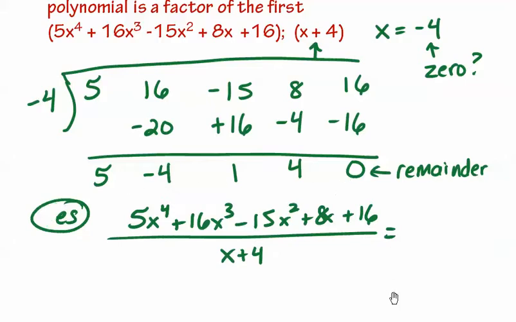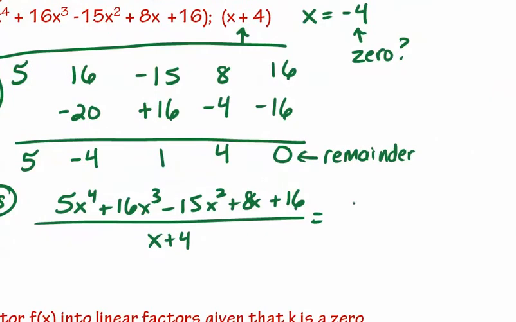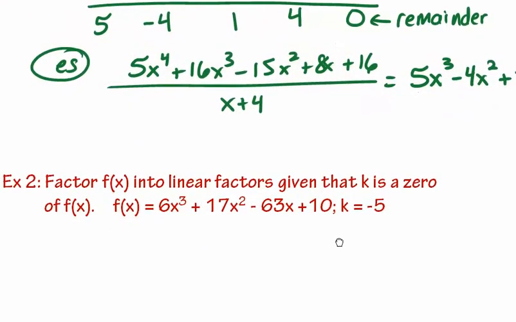So what we've found out is that when we divide, we ended up with 5x to the third minus 4x squared plus x plus 4. And we also learned that another way of writing this would be to take the divisor and multiply it to the other side. And that's going to be handy in our next example.